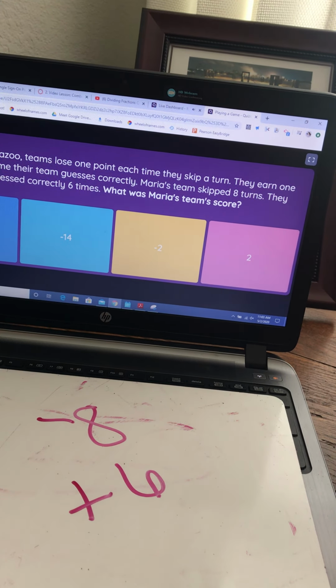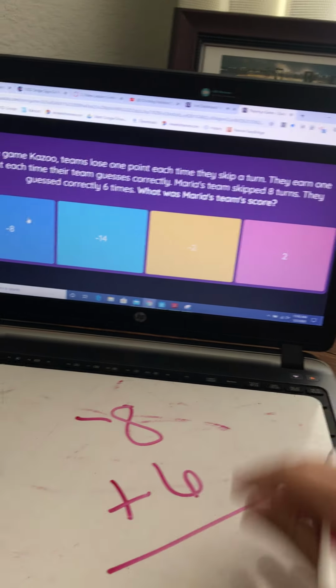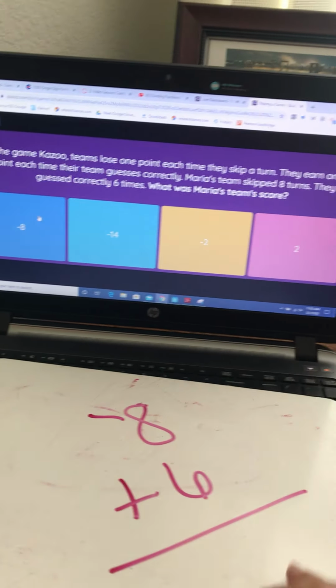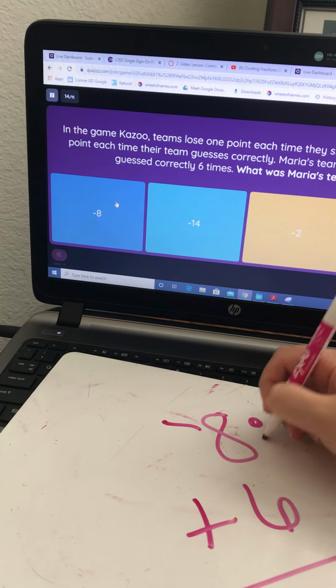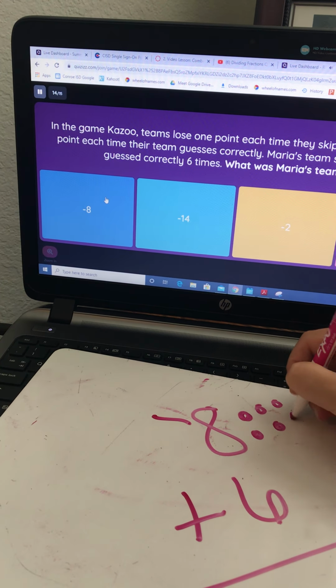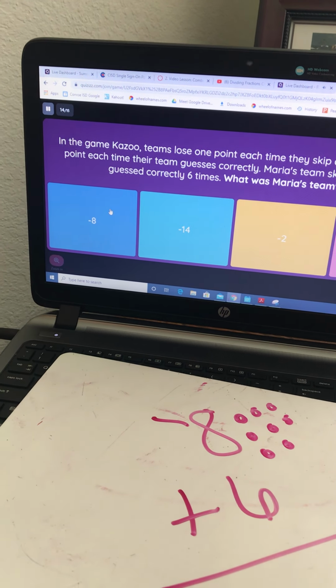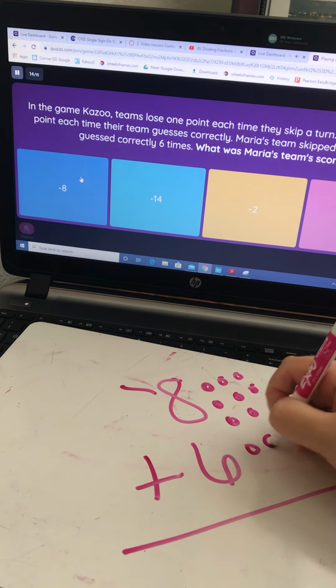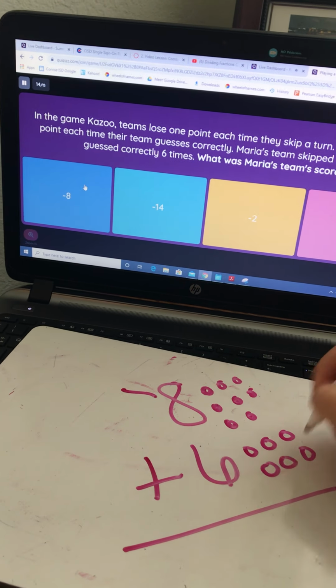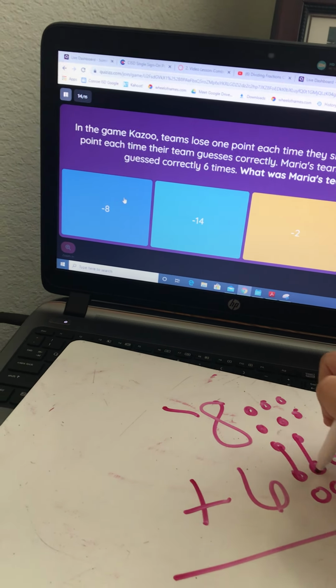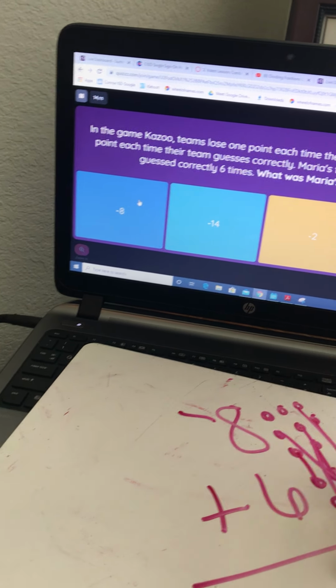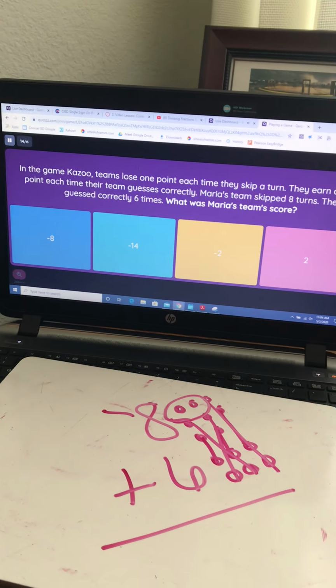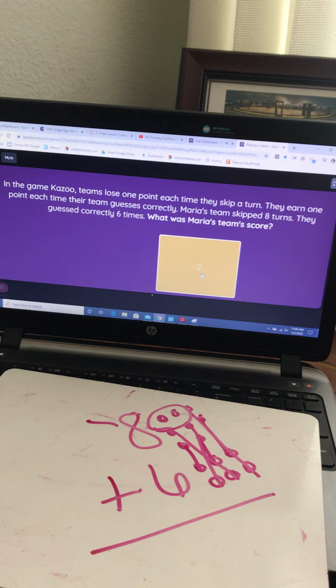What was Maria's team's score? So here we can think, since they're smaller numbers, as our counters. 5, 6, 7, 8. And then 6 positive. If I match these up or cancel these out, that would give me negative 2 points for Maria's team.